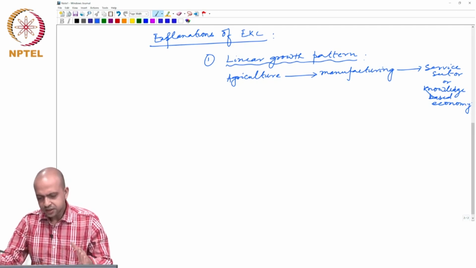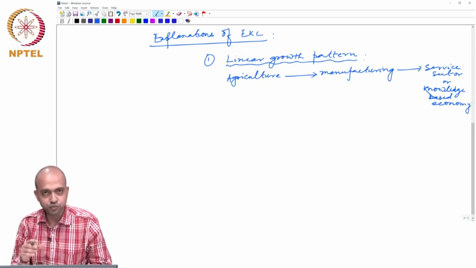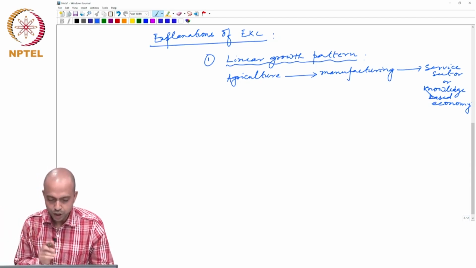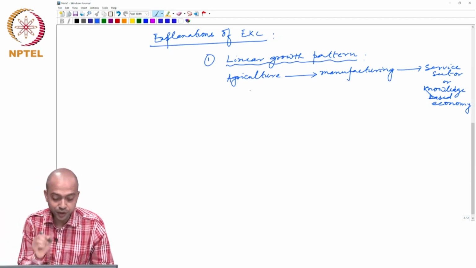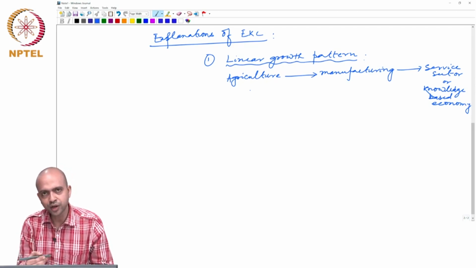Now, this is the kind of linear growth pattern that is observed for most of the economies. When the economy is highly dependent on agriculture, pollution per unit of output is very low. Agriculture is one of the less polluting sectors.